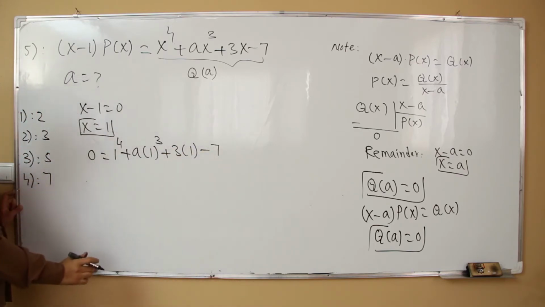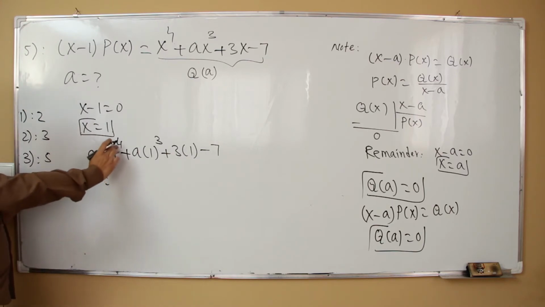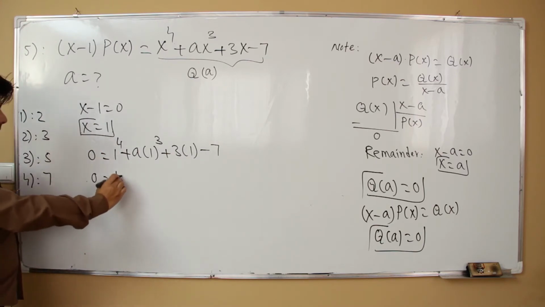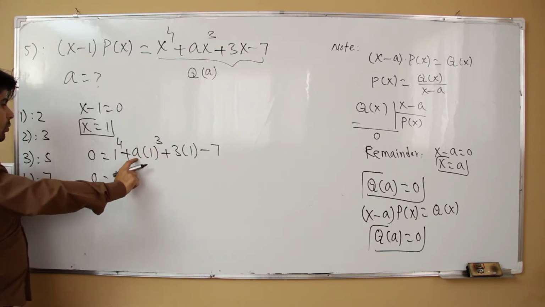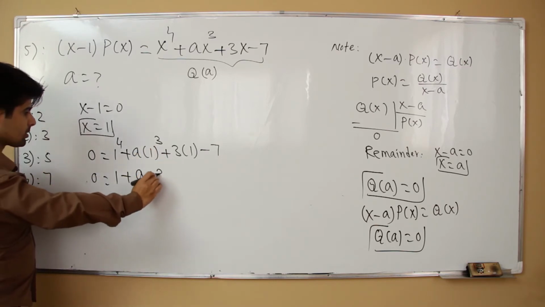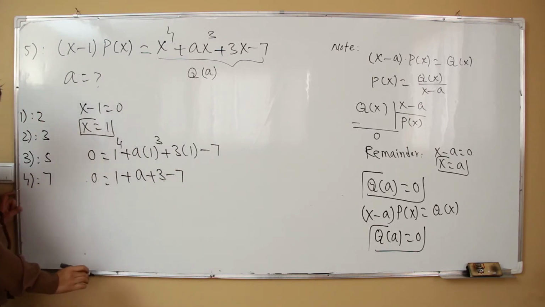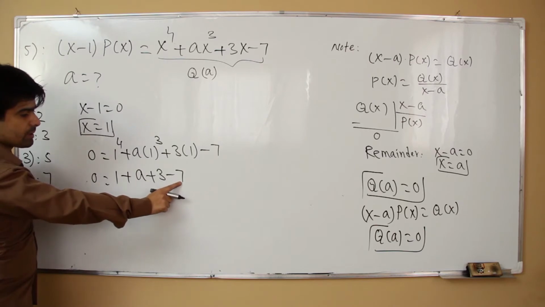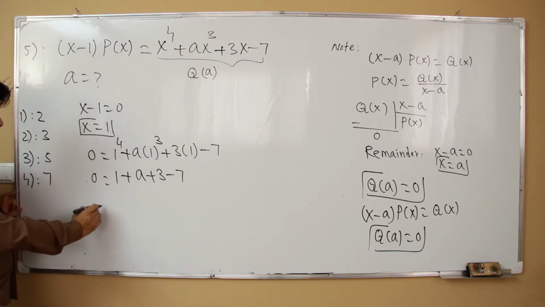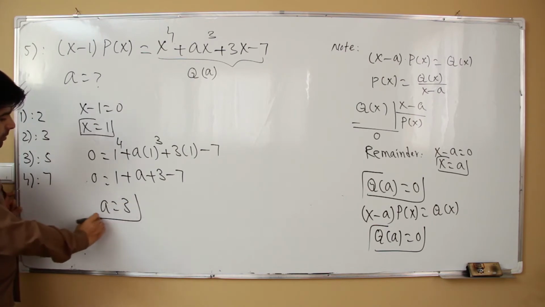This is Q(x). Now 1 to every power, it's 1. 1 to every constant number, it is 1. 1 times a plus 3 minus 7. So you will find 1 plus 3, it's 4. 4 minus 7, minus 3. Put minus 3 here, it's plus 3. Then a is equal to 3.